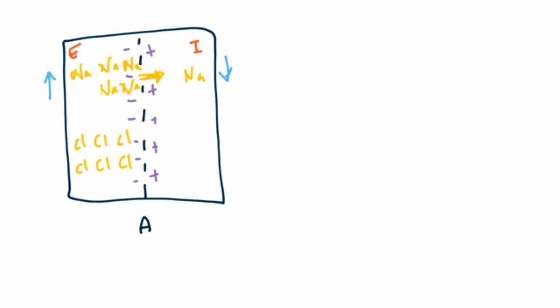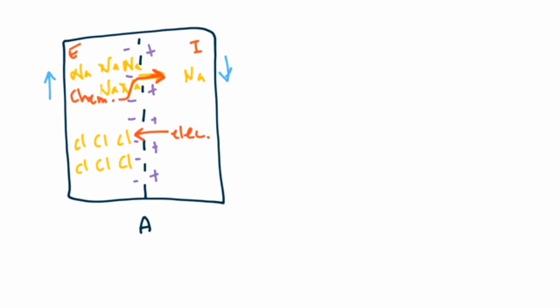Additionally, the negatively charged extracellular space will attract the positively charged sodium molecules that are attempting to leave the compartment because a negative and positive attract each other. In other words, the chemical gradient forces sodium to go this way, and the electrical gradient forces sodium to go this way. Electrical gradient and chemical gradient.